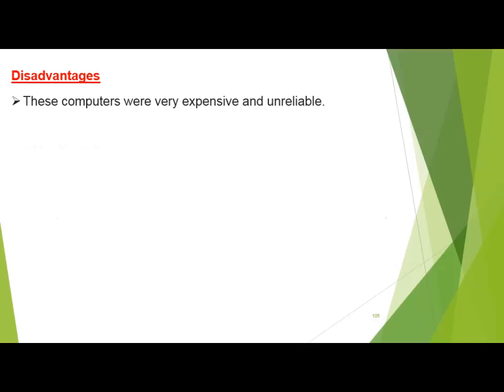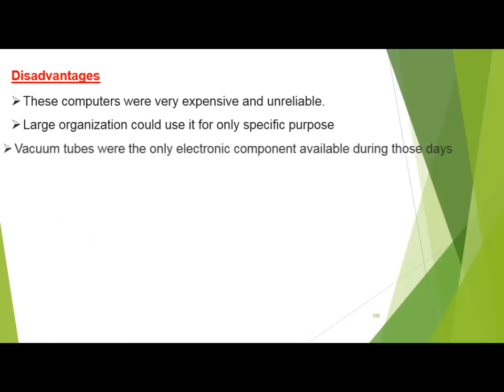They could only be afforded by large organizations, and they were unreliable because vacuum tubes failed. Large organizations could use them only for specific purposes. It could do only one or two tasks at that time, so that's why it performed basic purposes.